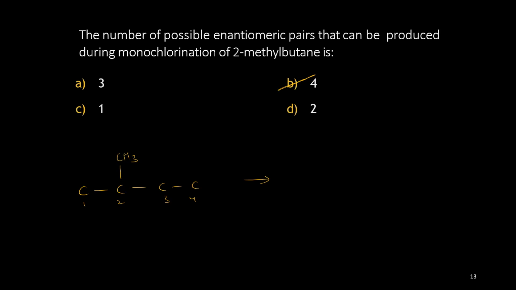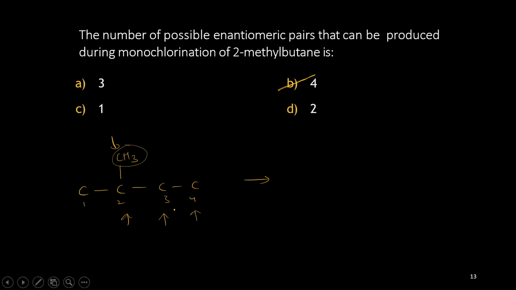So why did I choose option B here? I can attach my halogen here. I can attach my halogen here. I can attach my halogen here. I can also attach my halogen here. So total 4 different ways I have. This one and this one are almost the same.